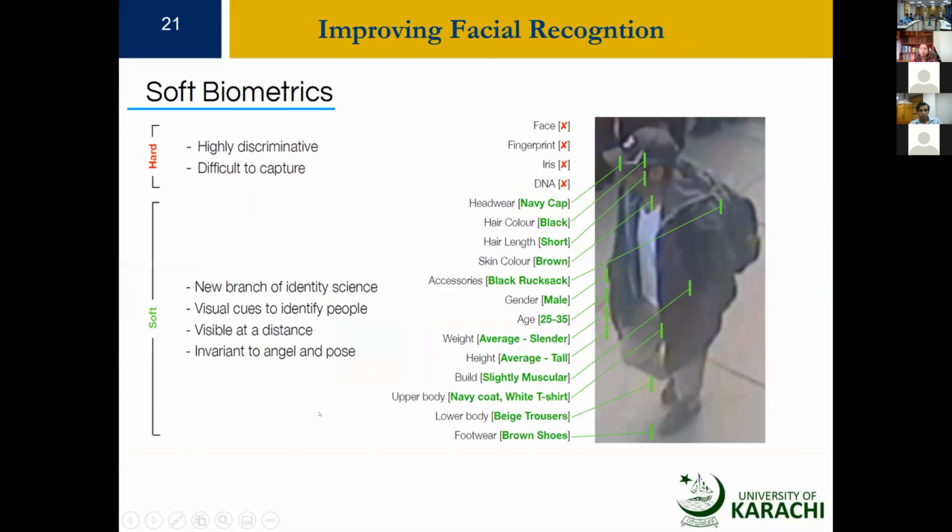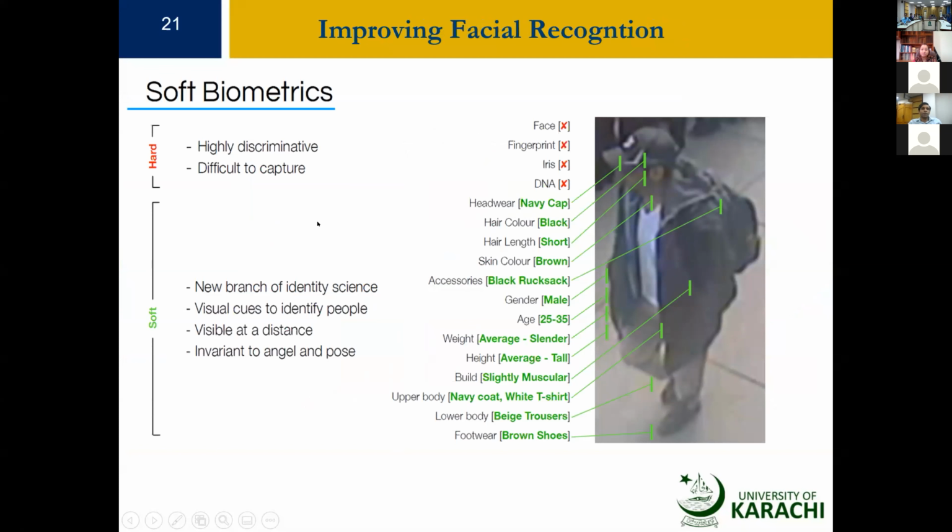This is another improvement. Soft biometrics is another new area in which you can see the camera capturing a person. It is a side view of a person, and it is very difficult to recognize them by their face. So there is a huge mapping of what type of headwear they wear, what the hair color is, what the hair length is, what the skin color is.